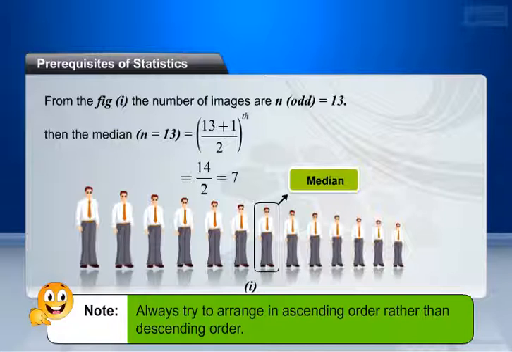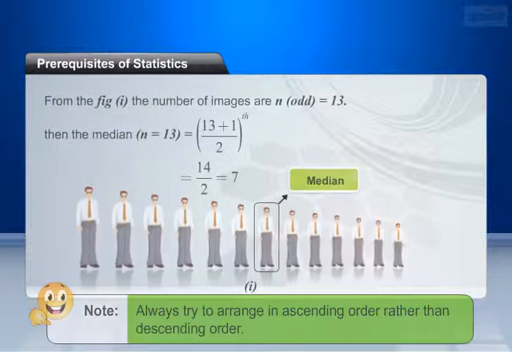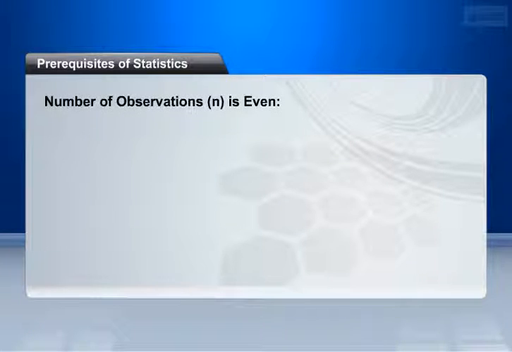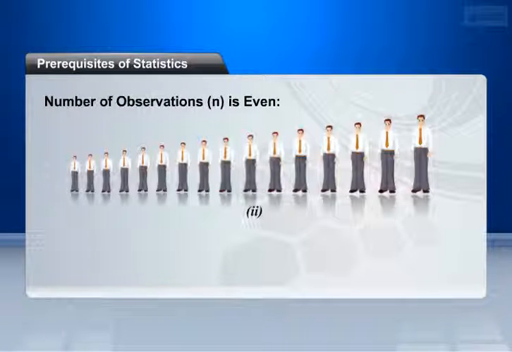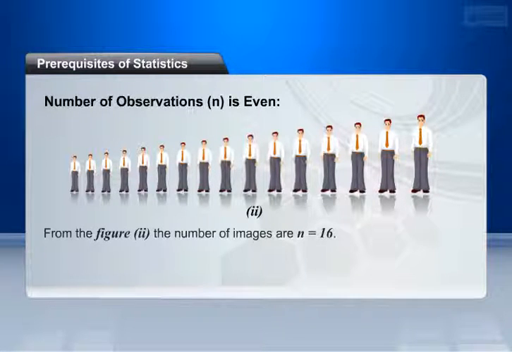Note, always try to arrange in ascending order, rather than descending order, for calculating the median, for the given observations or list of numbers. Now consider, when the number of observations, n, is even. From the figure we observe that images are in ascending order of heights. From the figure the total images are n equals 16. So, n is even.